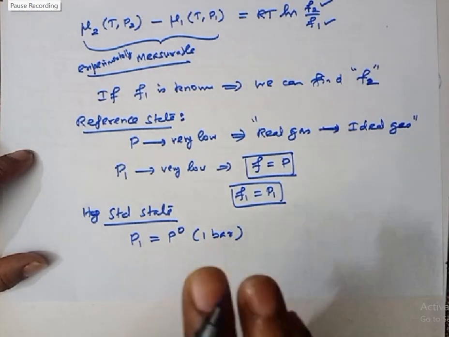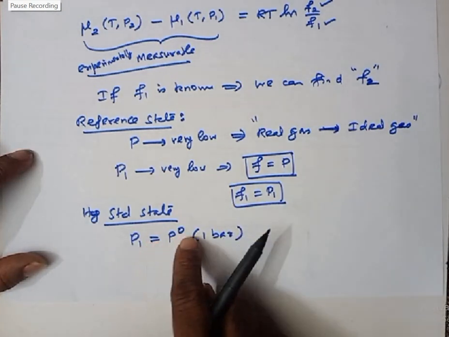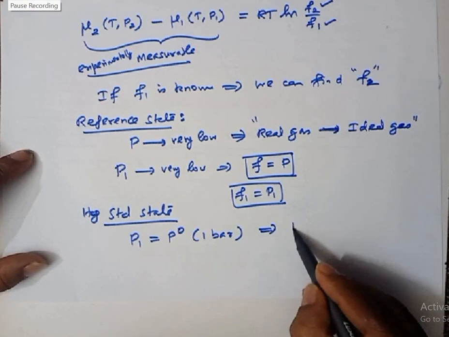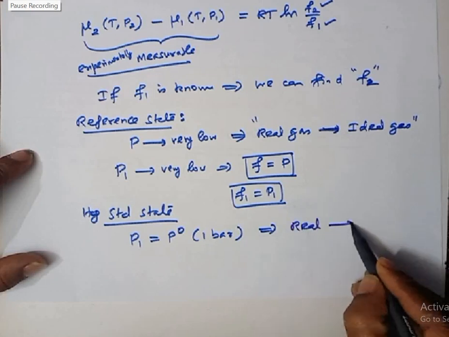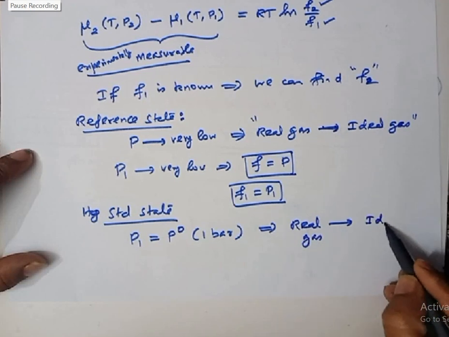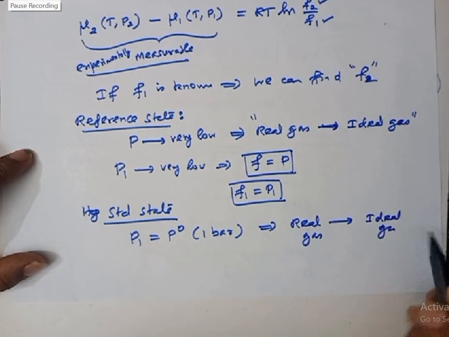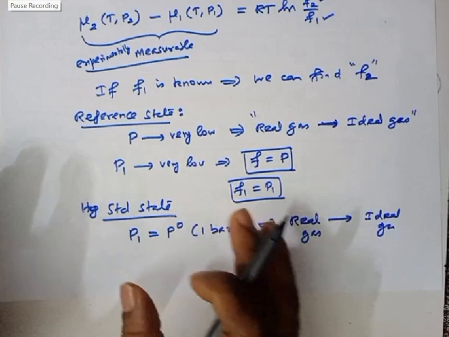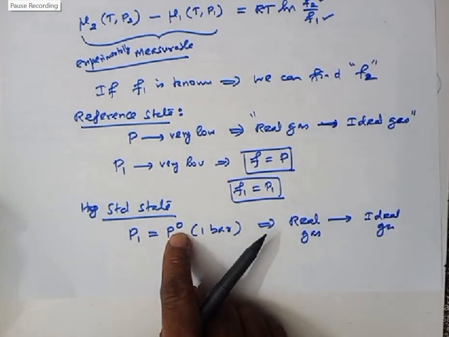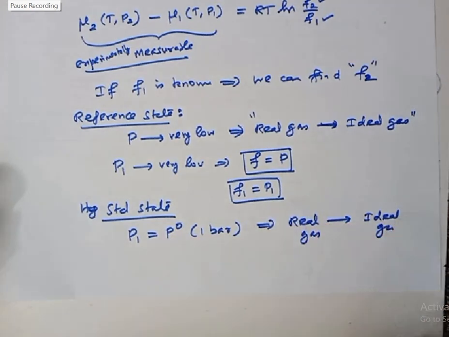So when P1 equals P0, scientists assumed that real gas behaves like ideal gas. It is a hypothetical state. So they assumed that if P1 is P0, then the real gas behaves like ideal gas.